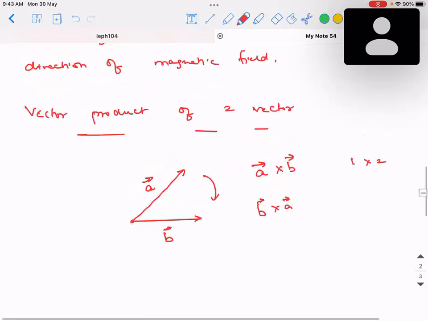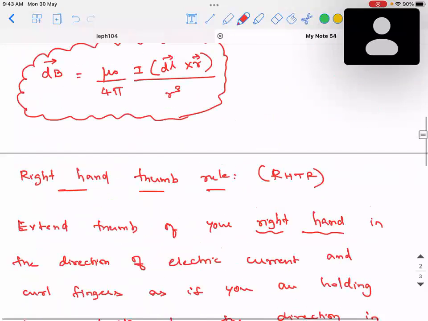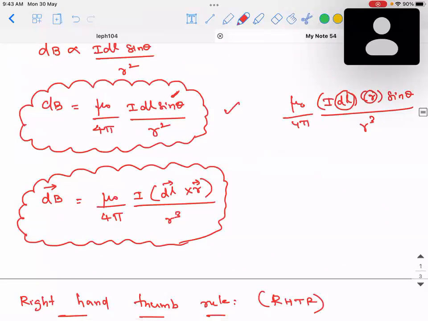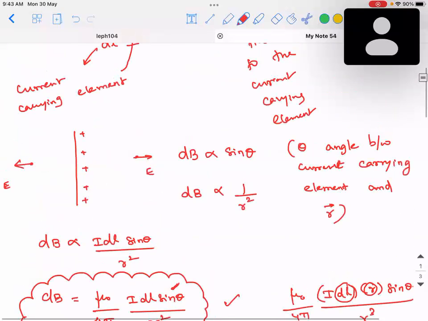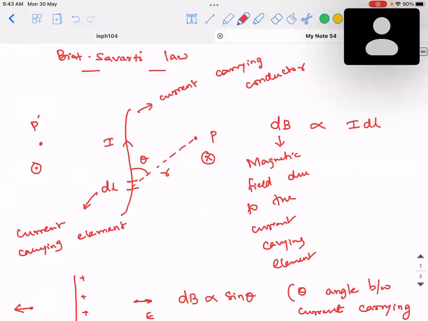Now, having said this, can you validate this dl vector cross r vector for our example that we have taken? Tell me. So I is in the upward direction. Ideally, I told you dl will take the direction of current itself. I is in this direction, r is in this direction. So dl vector cross r vector means dl should go towards r.